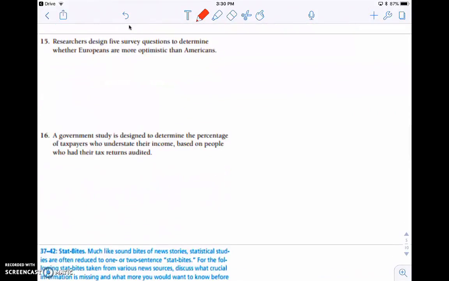Okay, this number 15, researchers designed 5 survey questions to determine whether Europeans are more optimistic than Americans. Okay, if that's all the information given, again, we'll say here, okay, you should definitely question the results of this study. A couple of reasons here.